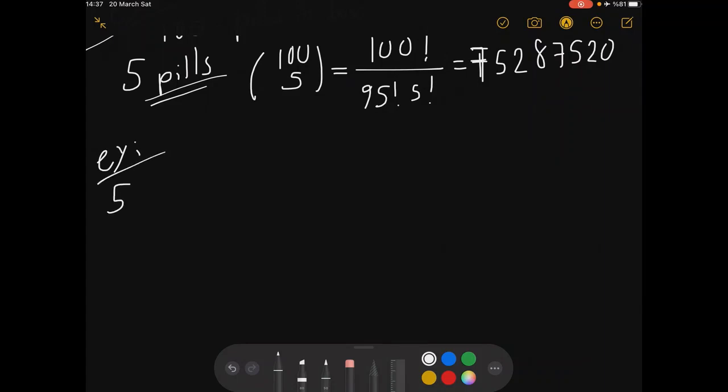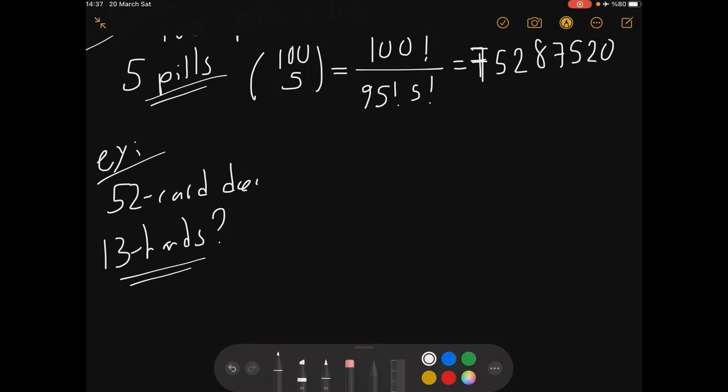And the last example is again from our previous session. If you have a 52 card deck, how many different 13-card hands are possible from that deck? You can again calculate it directly like this.